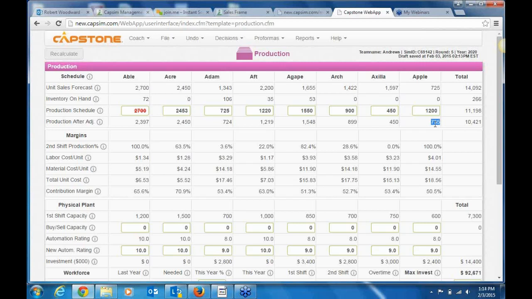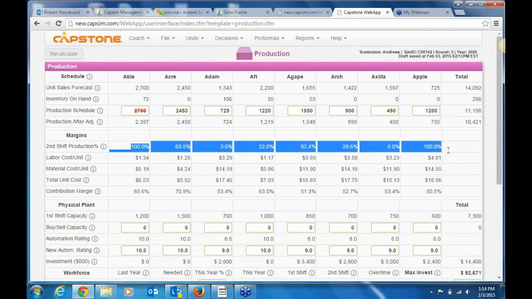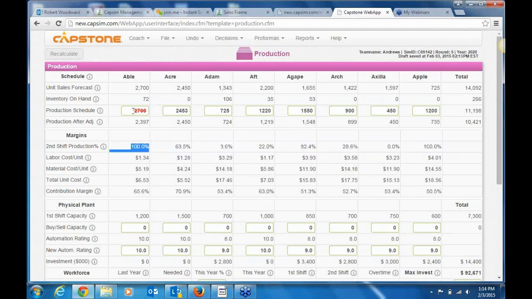Okay? Now, for second shift production, if you are seeing numbers here that are either very high or very low, then it's valuable information. So if you see 100%, I'm maxing out my production, and in this case, I can't quite meet my demand, that's information that should be beneficial for you to make sure that you can take the steps to avoid not being able to meet your production needs next year.